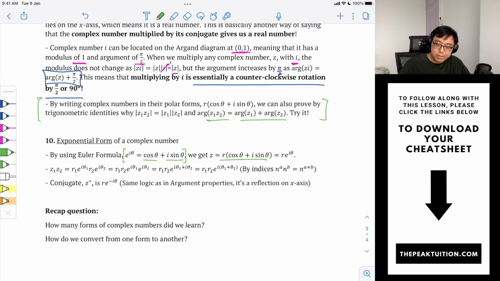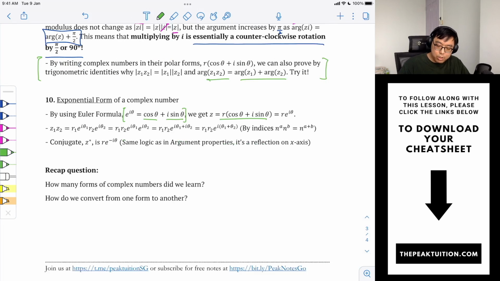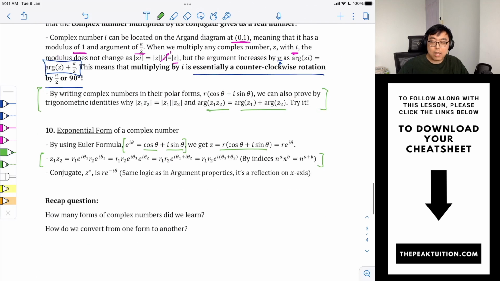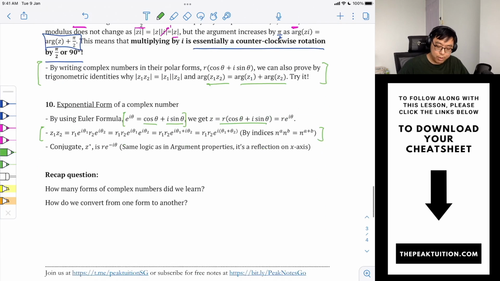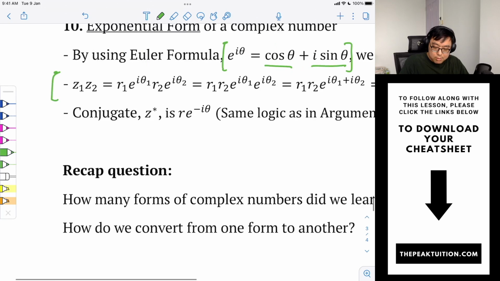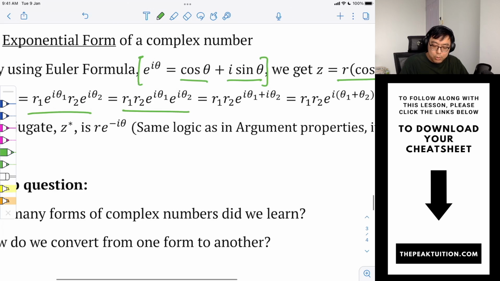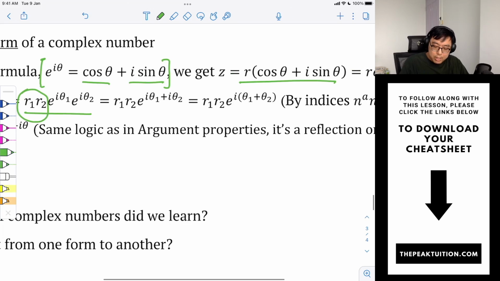This is an exponential form, and using this form it is much easier to see why we have the modulus and argument properties. You can try and show it, but it's really very obvious. In fact, you can probably see it from here. You can see that r1, r2 get together, the modulus, therefore this is a new modulus. And because they are multiplying, by rules of indices, the angles will add up.